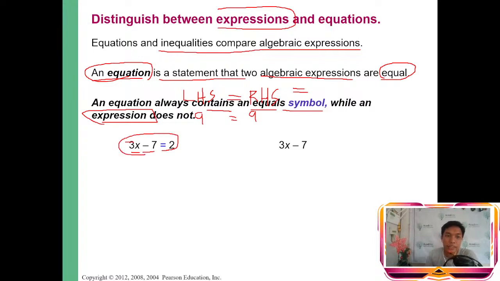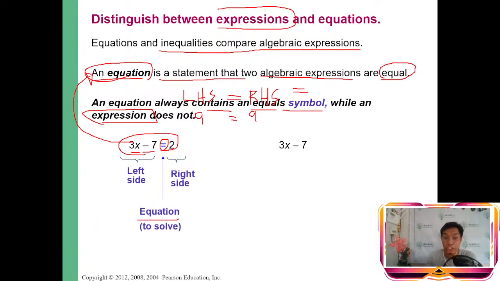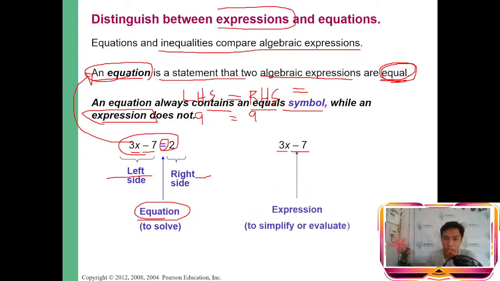That is an equation because there is an equal sign. So an equation must have a left and a right side and the word equal. But 3x minus 7 is not an equation. It is called an expression because it is only one side.